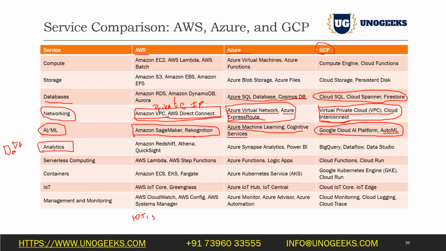So we call those analytical services. Okay, this is one of the SaaS offerings, software as a service offering. Okay, in AWS we call it Amazon Redshift, Athena and QuickSight. But in Azure, we call them Azure Synapse Analytics and Power BI.